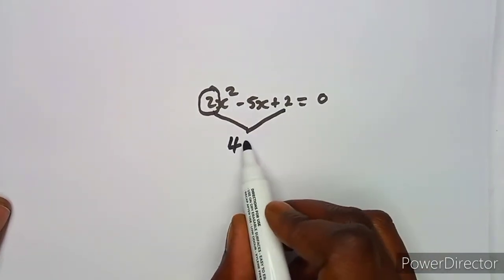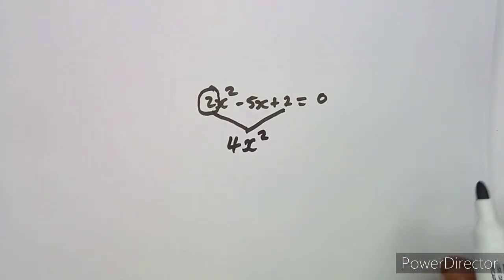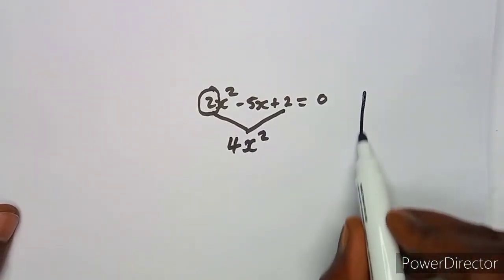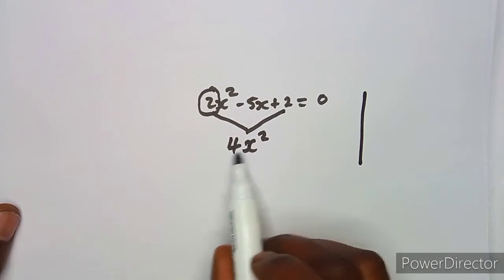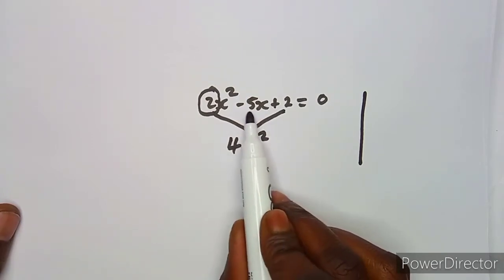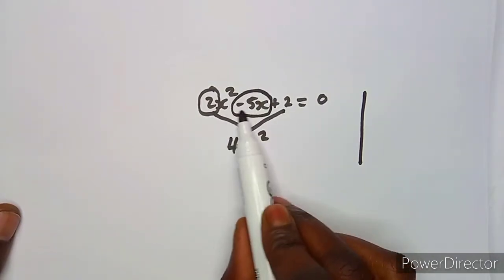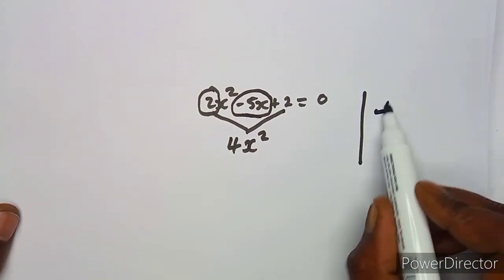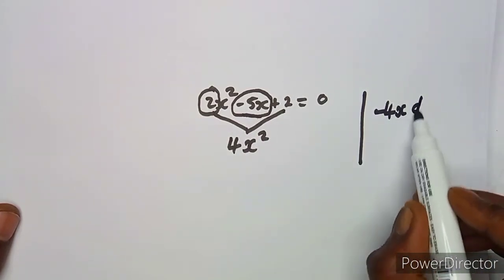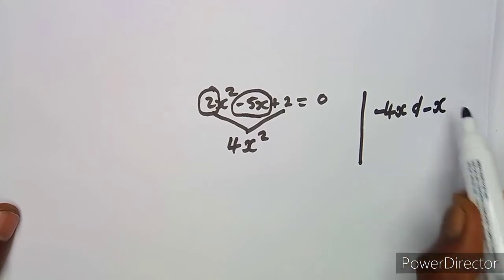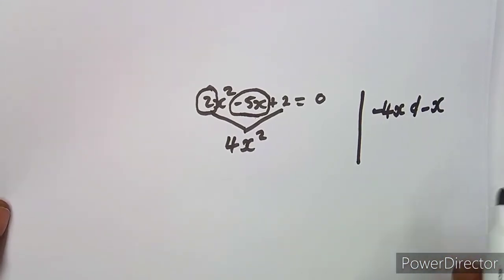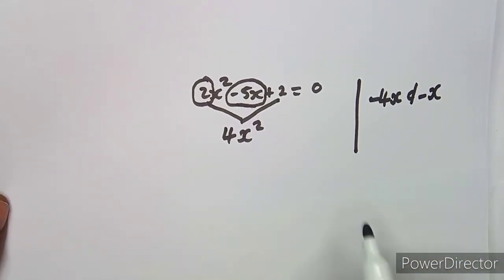That's going to be 2 times 2, which is 4x squared. So what are the terms that we are going to multiply to give us 4x squared, but if we add them, they must give us the middle term, which is minus 5x. So definitely we've got minus 4x and minus x there. These are the two terms that we can actually work with.